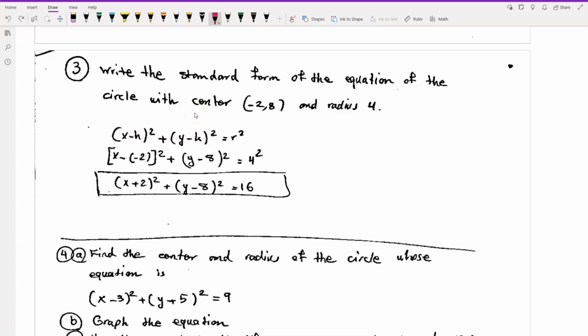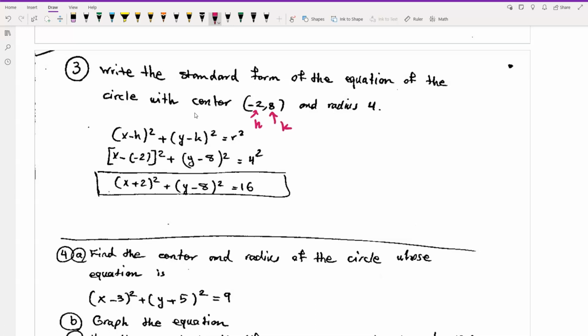Now here we have to write the standard form of the equation of a circle with the center given as (−2, 8), and radius is 4. So based on the equation that we have for the circle, (x − h)² + (y − k)² = r². This is h, this is k, because that is the center.